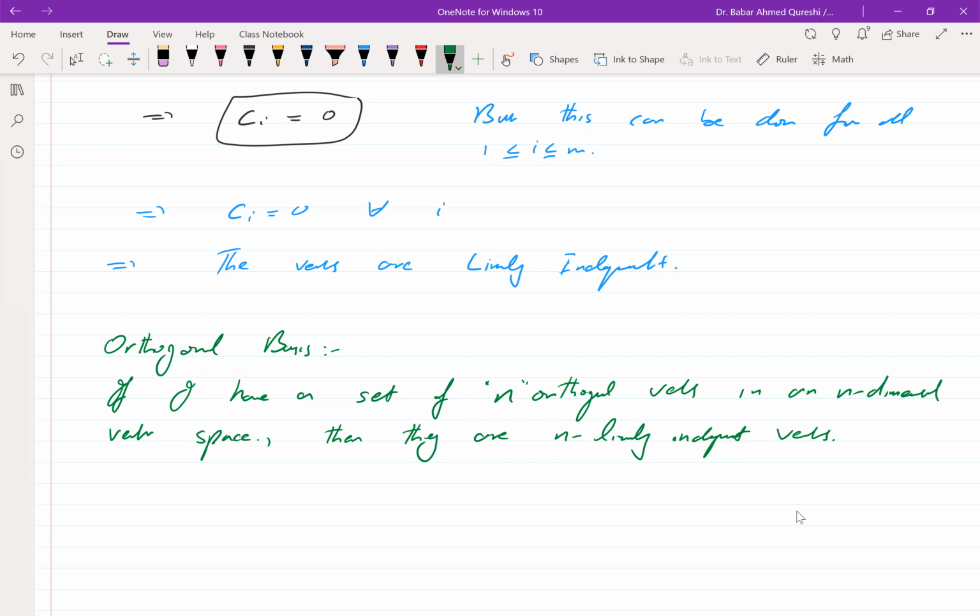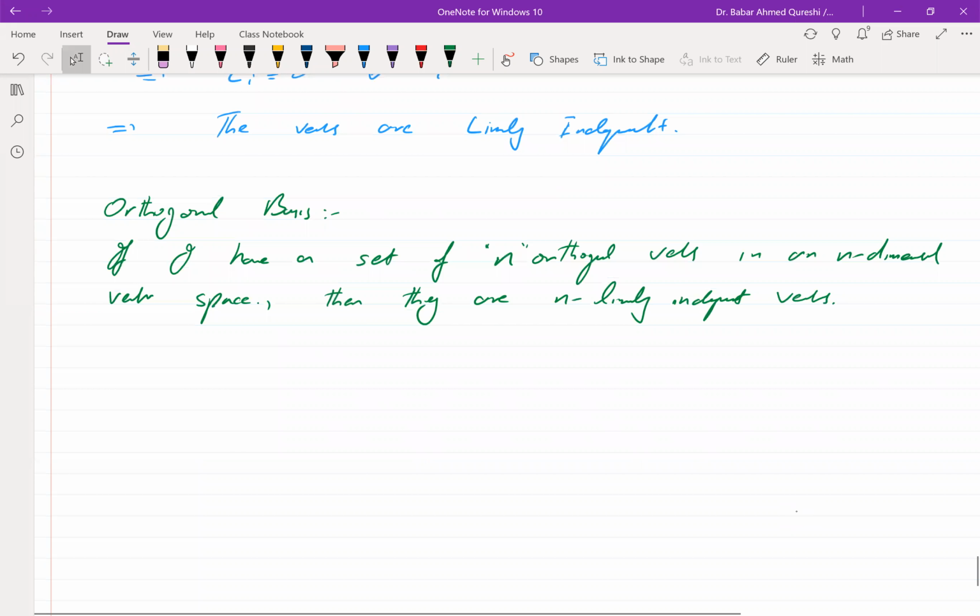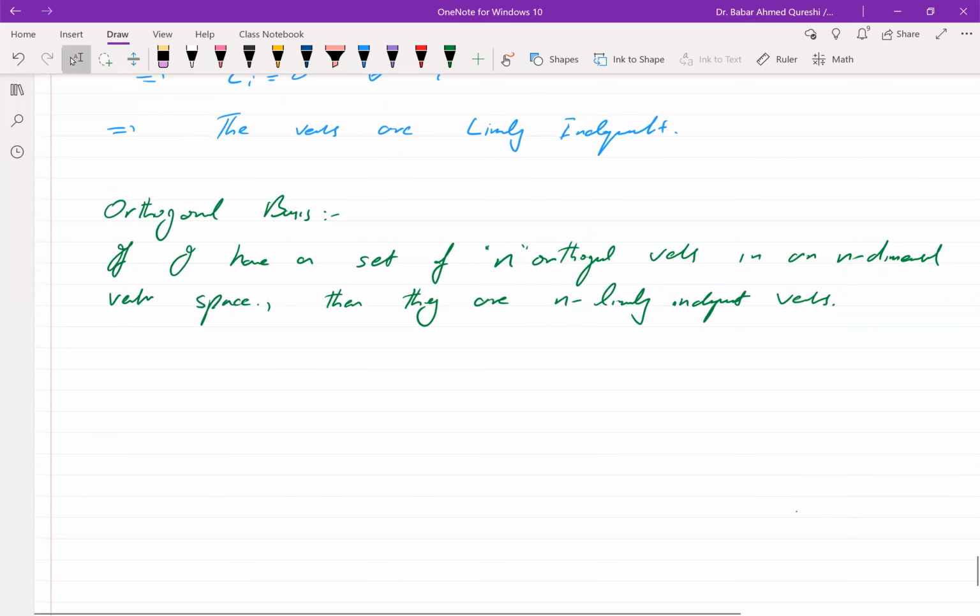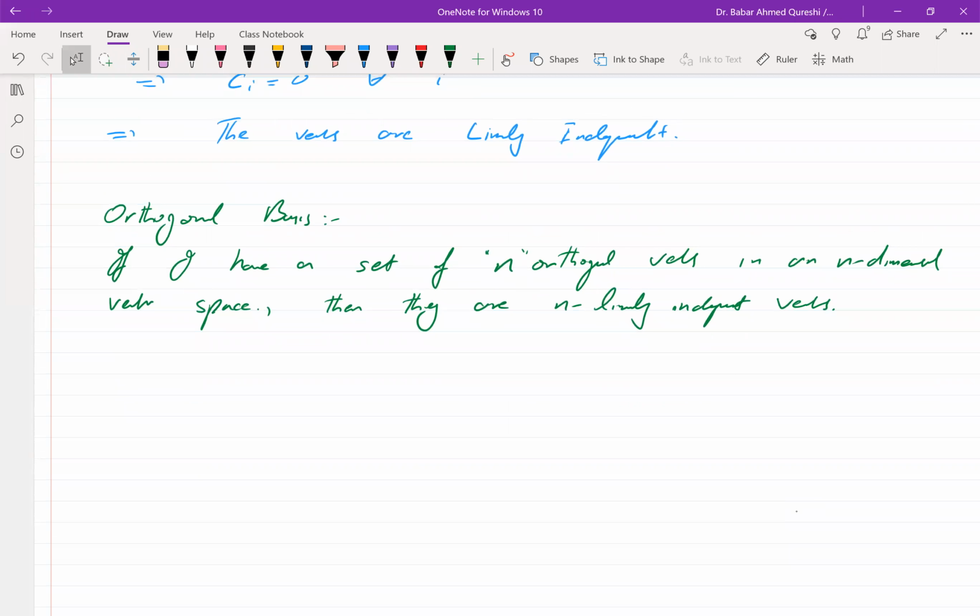But I know if I have n linearly independent vectors in an n-dimensional vector space, then they must form a basis. This we have done long time ago, and it should be by now ingrained in your brains. That means we have an orthogonal basis.